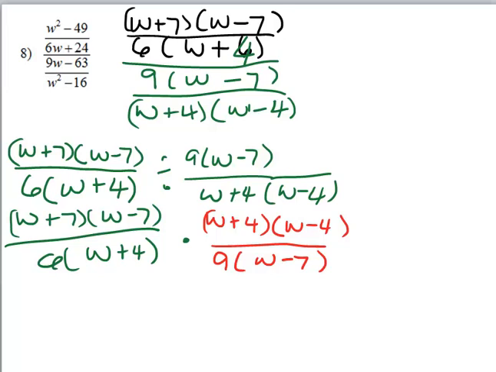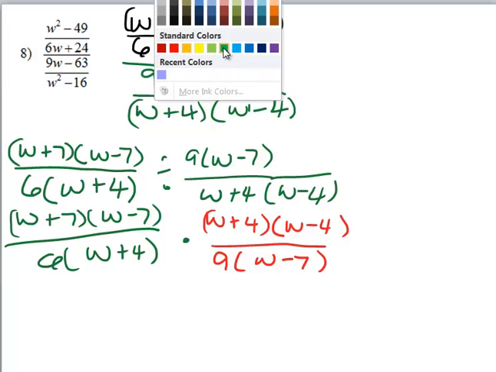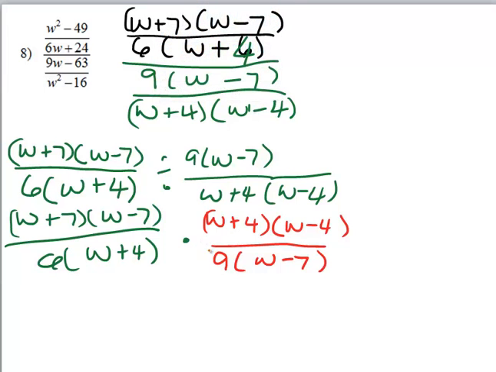Okay, I get to do some canceling, and I'm going to use orange. So I have a w plus 7 here, and I have a w plus 7 there, and I have a w plus 4 there, and I have a w plus 4 there.